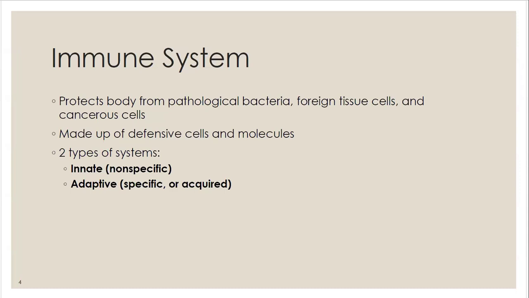We're going to talk about that in more detail. And then adaptive immunity is a specific acquired system, tailored to very specific invaders. And so we'll get into these functions and how they work and interact.